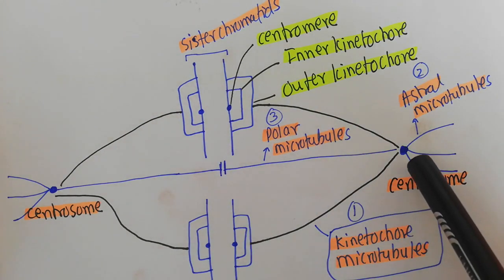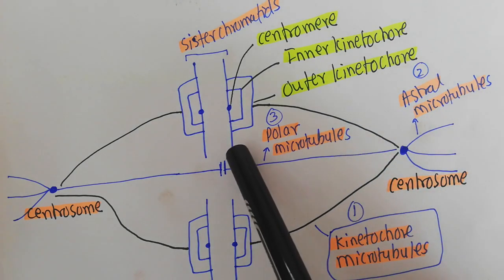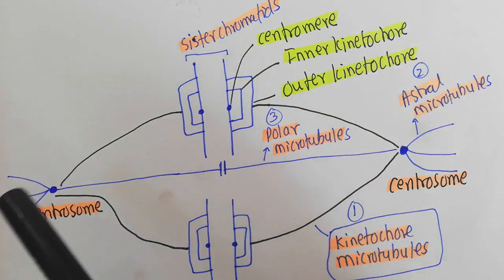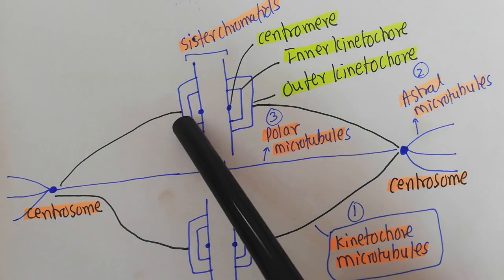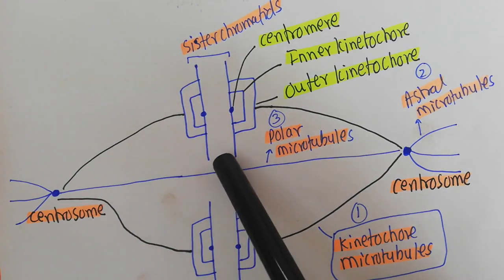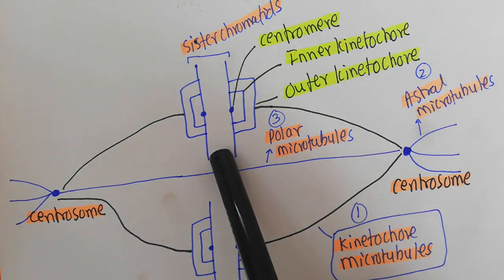So the kinetochore microtubule originating from this centrosome is going to interact with this member of the pair of sister chromatids, and the kinetochore microtubule originating from this centrosome is going to interact with the other sister chromatid of the pair, and this will be true for all of the pairs of sister chromatids.